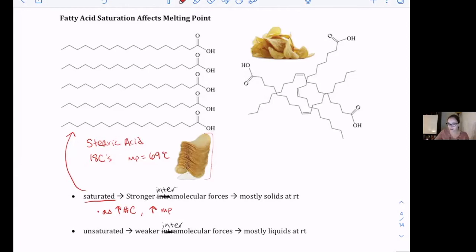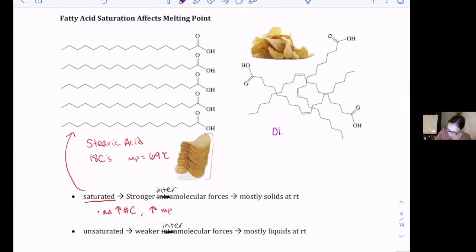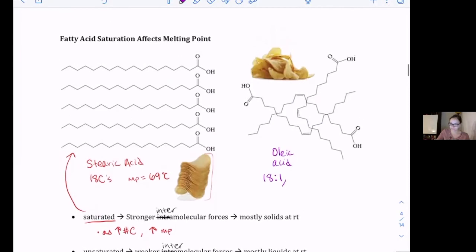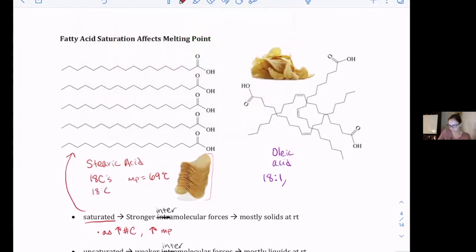Now looking over at unsaturated fatty acids, such as this one over here on the side, which is oleic acid. This is an 18:1, meaning that it's got 18 carbons with one double bond. Over here, we could have written 18:0.